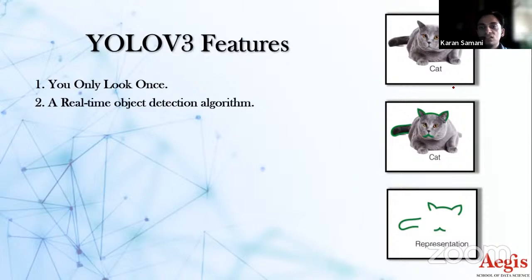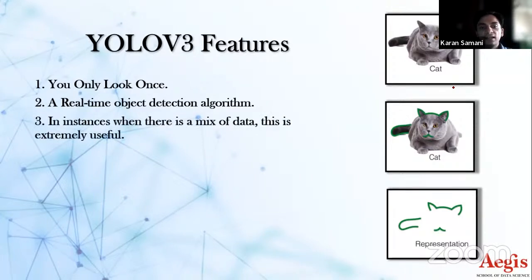Okay, so this family of algorithms is very good for real-time object detection, and it can handle instances of mixed data. For example, if you have mixed data in your data frame, as in you have video as well as images. Sometimes with an algorithm, you have to create a different instance for dealing with video and a different instance for dealing with normal still images.